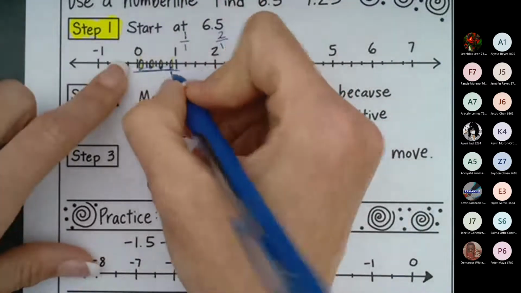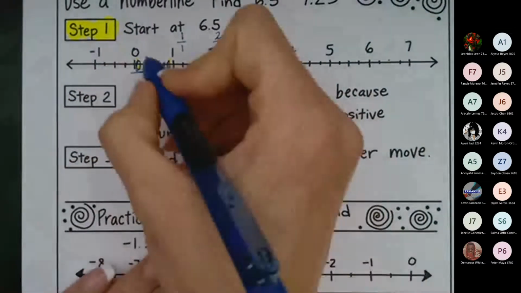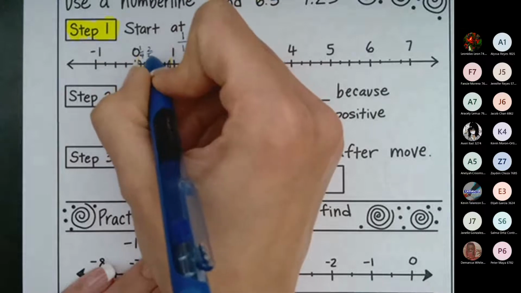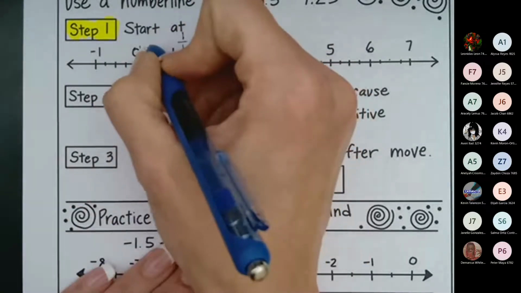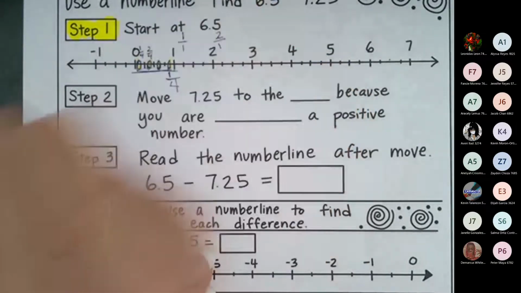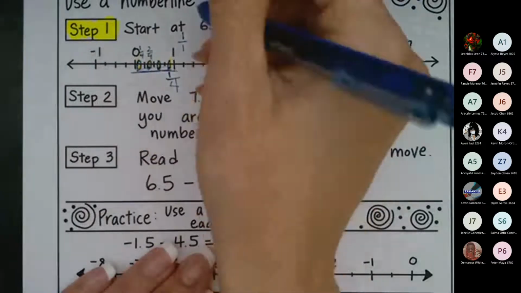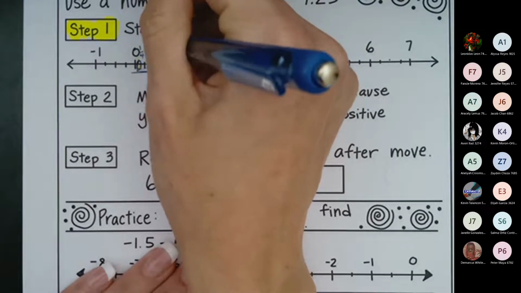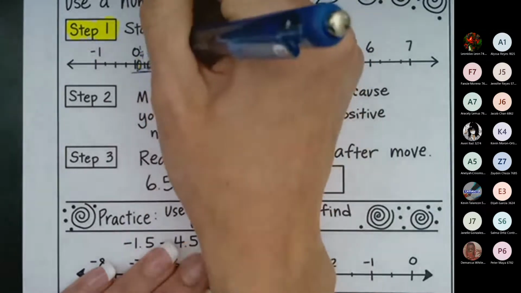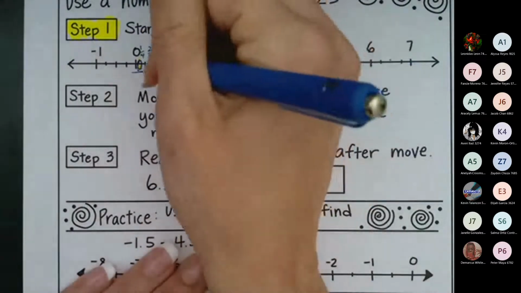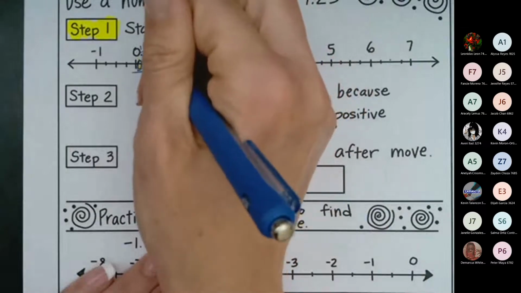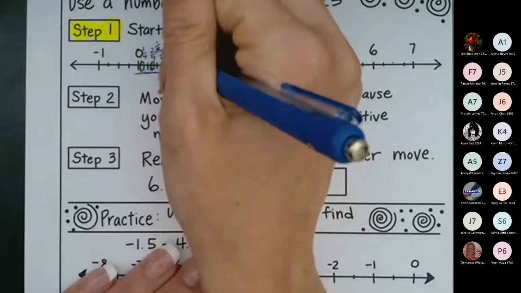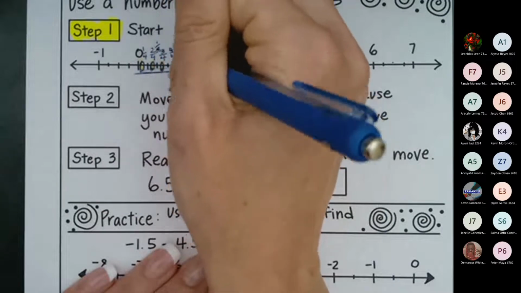So each little line is worth 1/4. This section here would be 2/4, or a half, right? 2 divided by 2 is equal to 1, and 4 divided by 2 equals 2. So simplified, 2/4 is equal to 1/2. If I add another 4th, that's 3/4. And here I have 4 over 4, or 1.